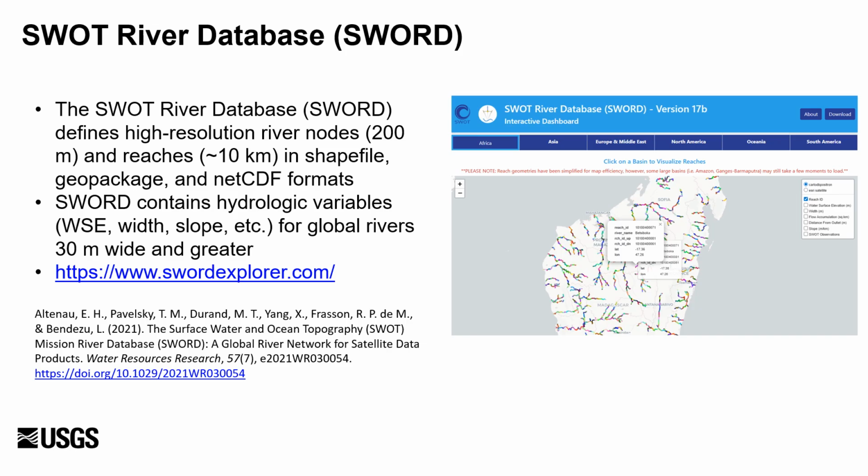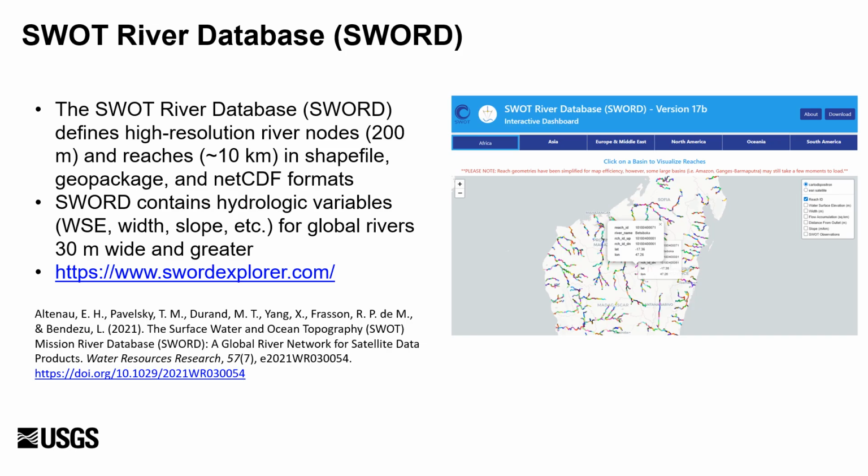The SWOT river database defines high-resolution river nodes, which are points along a river centerline spaced every 200 meters, as well as river reaches, or longer segments up to 10 kilometers of a river, in either shapefile, GeoPackage, or NetCDF formats.